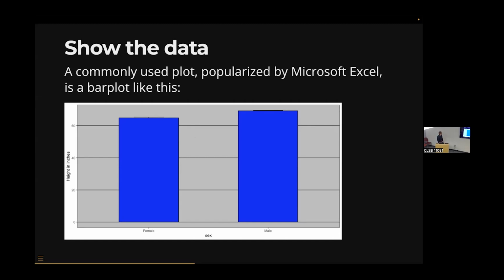But more importantly, if you want to know something about these populations, this is not a great example because we know what this is going to look like, but imagine you didn't. Imagine you didn't know how height is distributed across the population and you wanted to explain it to somebody. This plot is missing a very important part of it, and it's that there's a lot of variability across people, right? So you want to show the data.